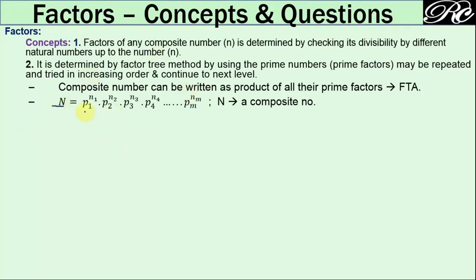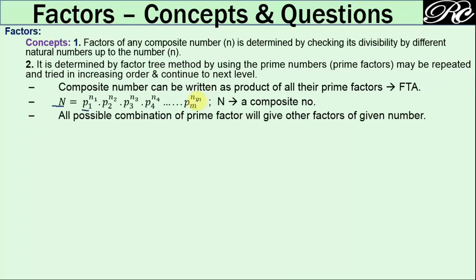If we consider p1 as the first prime factor, which occurs n1 times, then n is p1 to the power n1 multiplied by p2 to the power n2, p3 to the power n3, and so on up to pm to the power nm. Here all other possible factors, which may not be prime, can be obtained by combining these prime factors.